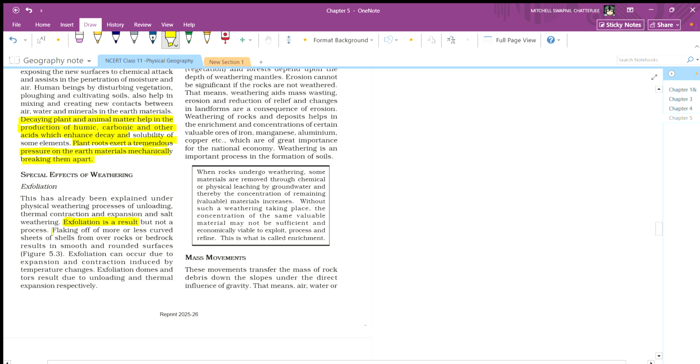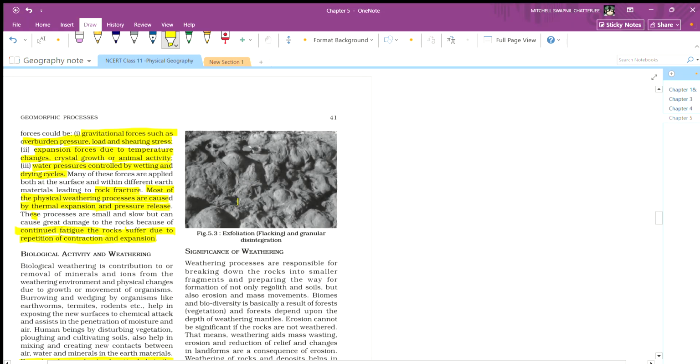Exfoliation is the flaking off of more or less curved sheets or shells from rock or bedrock, resulting in a smooth and rounded surface. This is granular disintegration.